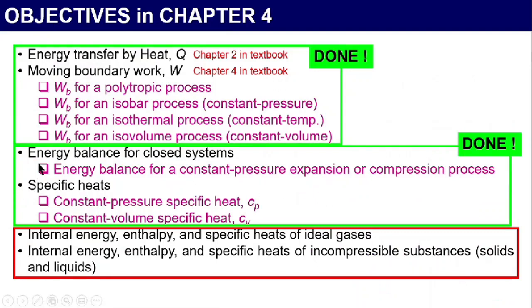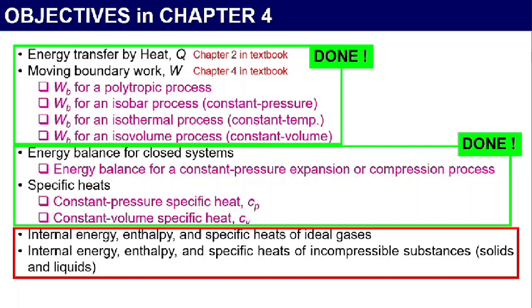So actually we finish on energy balance for closed system. Delta E equals delta U, internal energy, plus delta Q plus delta W. And for adiabatic process, no heat transfer means Q is 0. If there is no work, then W is 0. If it is a closed system, then the mass term is 0.